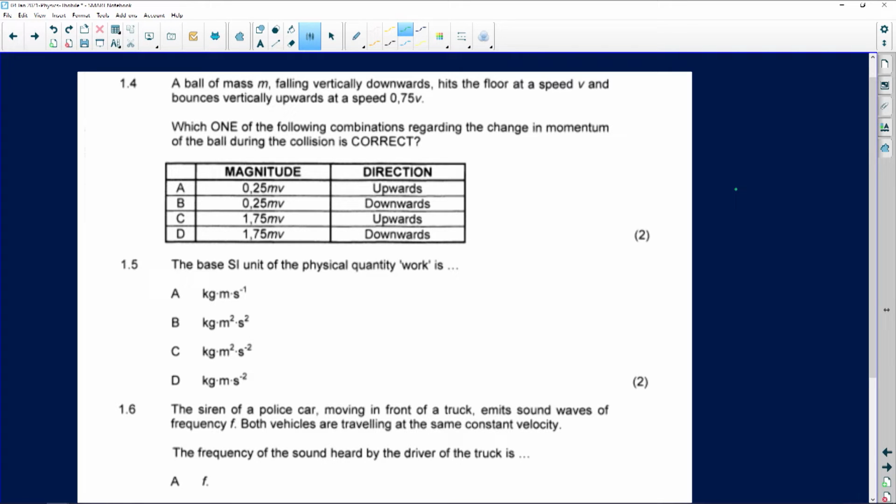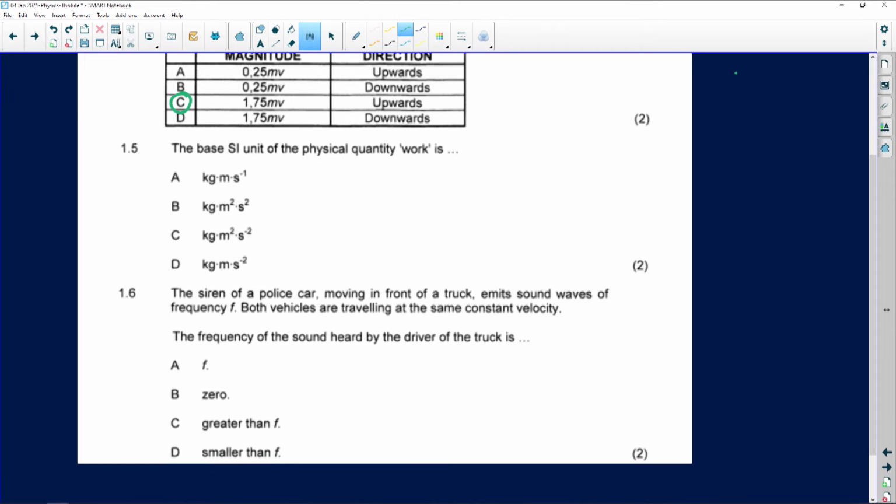So they've given us a table here. Number A says the magnitude is 0.25 mv, direction being upwards. B says 0.25 mv, direction being downwards. C, 1.75 mv, direction upwards. And D, 1.75 mv downwards. The answer to this question is number C.